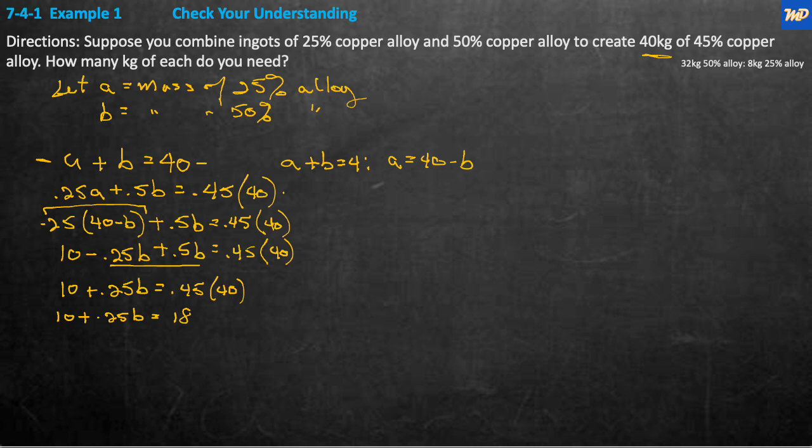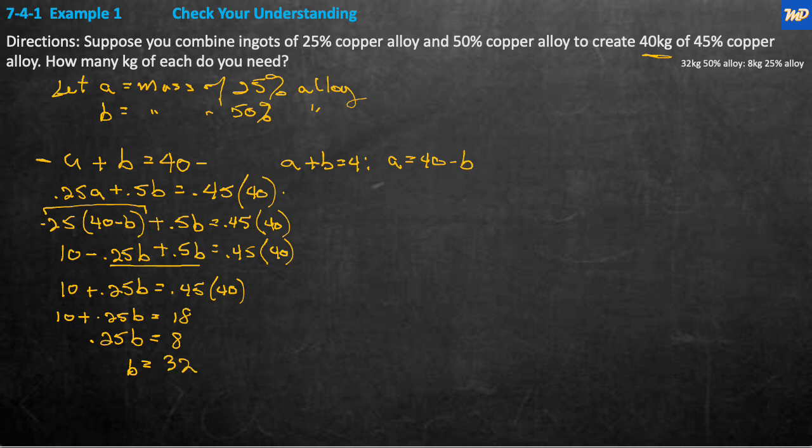So now we have that. So now we can subtract the 10 from both sides. We're going to get 0.25B is equal to 18 minus 10, which is 8. Now, B is going to be equal to 8 divided by 0.25, which is the same as multiplying by 4, which is 32.